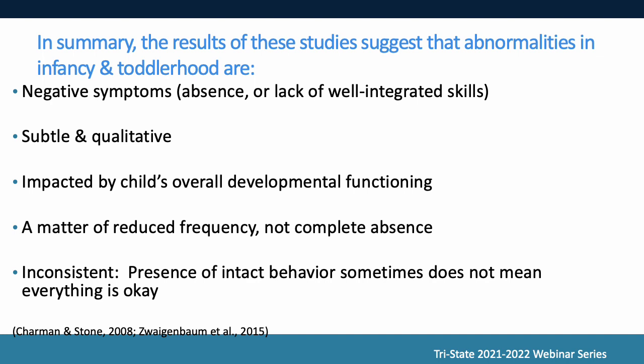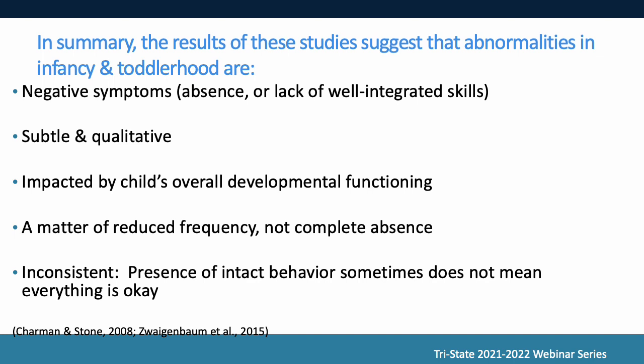It's important to keep in mind that a child's overall developmental functioning is really going to be important to consider when you're evaluating a child for an autism spectrum disorder. So if you are working with a child who is 33 months chronologically, but their overall developmental level from your assessment is that they're at about 18 months, then you would expect to see social and communication behaviors at the 18-month level.